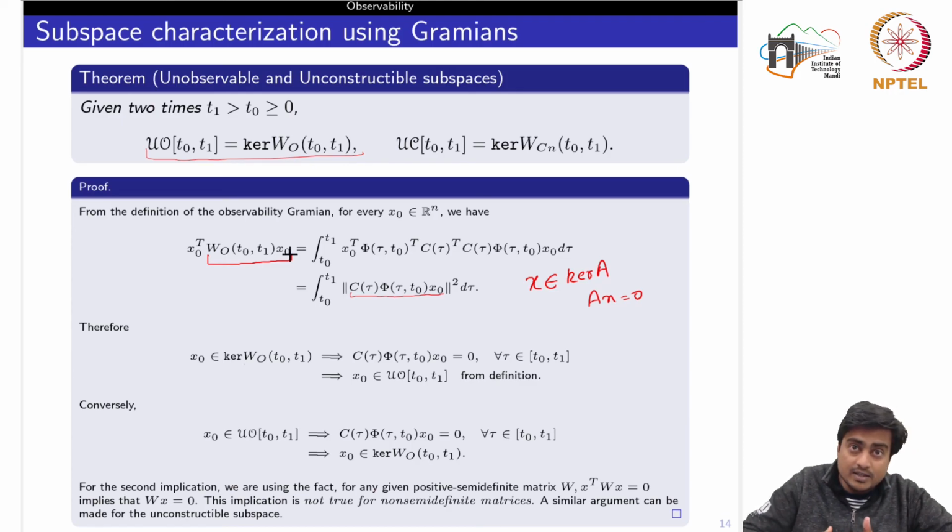There is a condition under which this implication holds, that is, satisfying this one implies x naught belongs to the kernel of this observability matrix, and this is only possible because W is a positive semi-definite matrix. If W is not a semi-definite matrix, then this implication won't hold. A similar argument can be made for the unconstructible subspace.